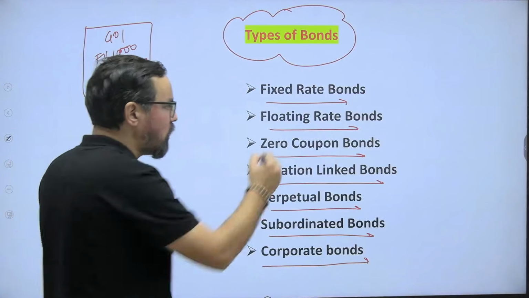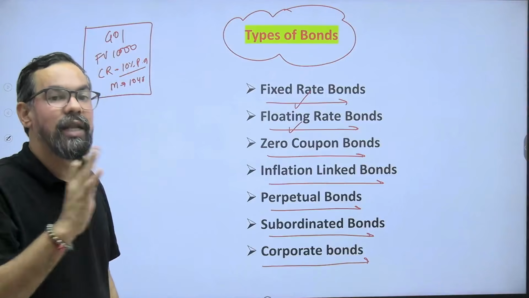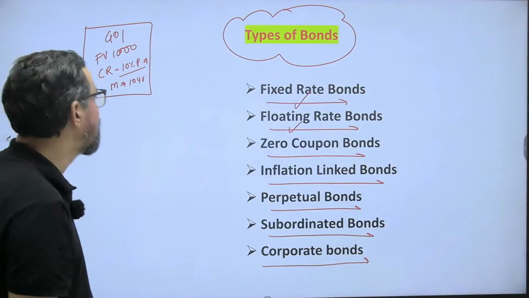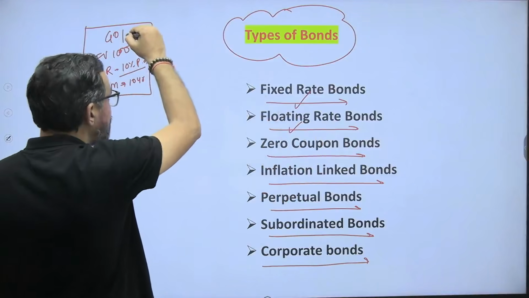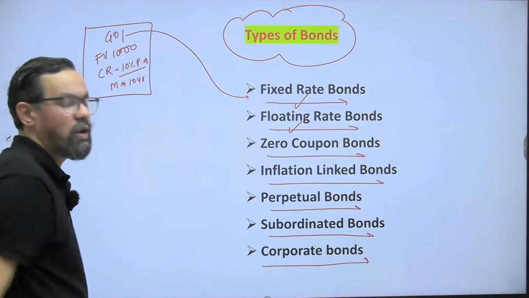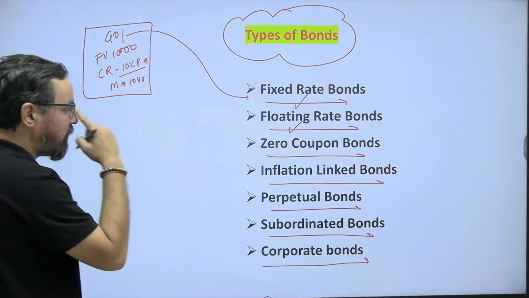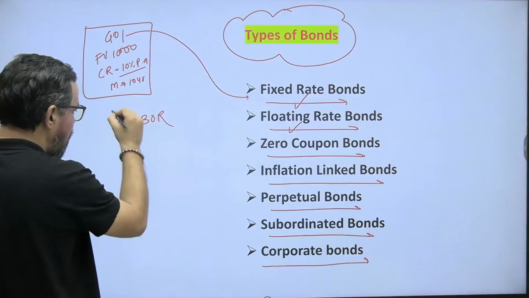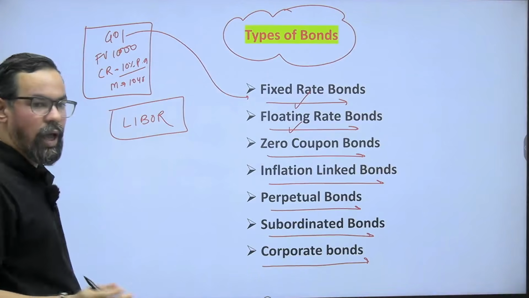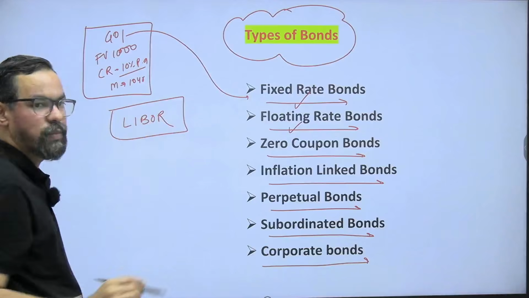Now the other one is floating rate, okay, where the interest rate is linked with some indices. So let's say there is a bond which is issued by government of India, and which is floating. Let's say this is linked with LIBOR, okay? So this is linked with your LIBOR system or ARR system, okay? So accordingly, in every quarter, the rate of interest of this particular bond will change.